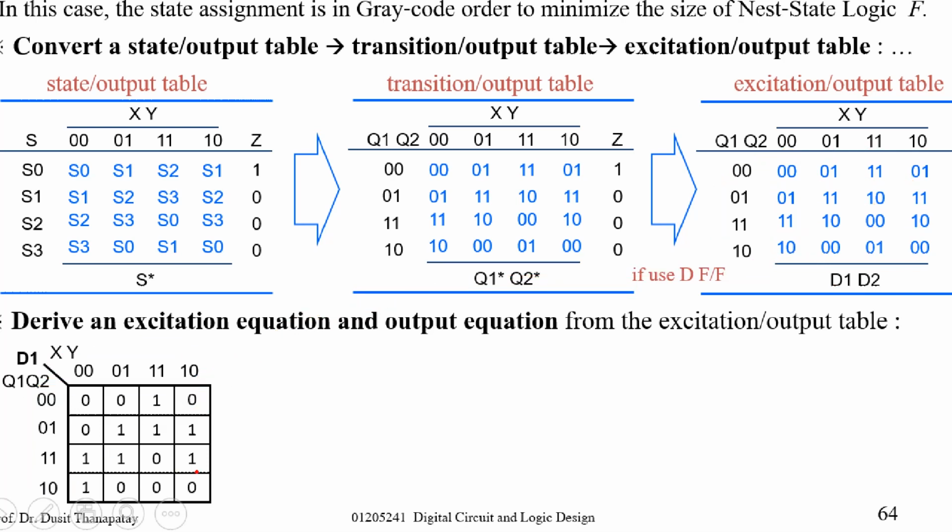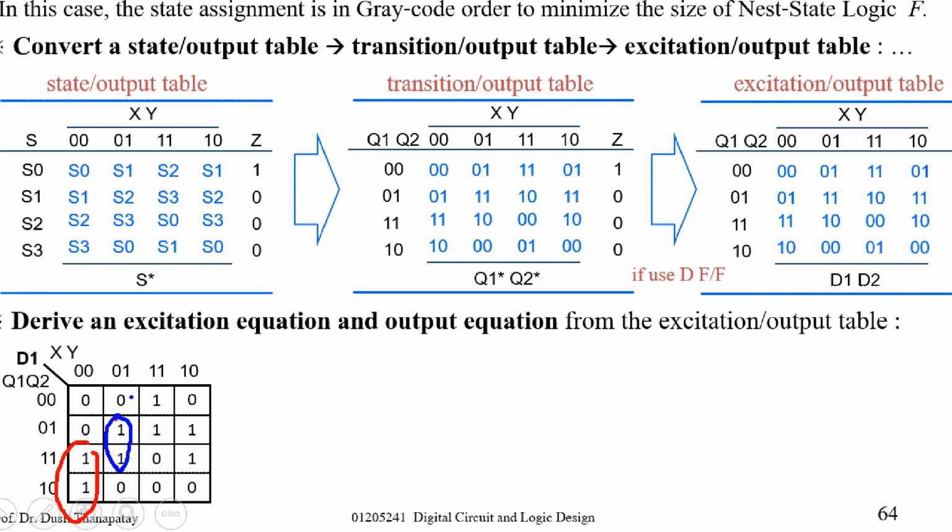When you have written the Kmap, the next step is to find the equation from this Kmap by selecting groups. You want to minimize, right? You may select this one, and the product term is x prime, y prime, and q1, for example. You must select all of the logic ones, right?